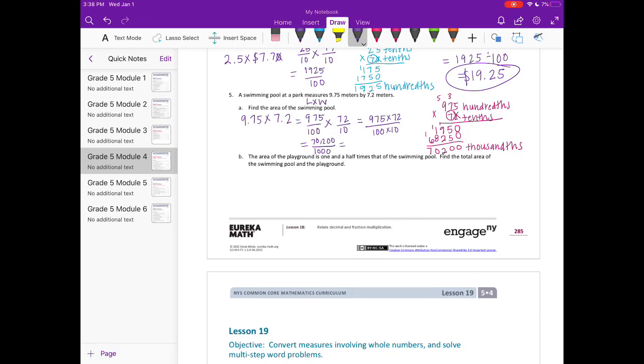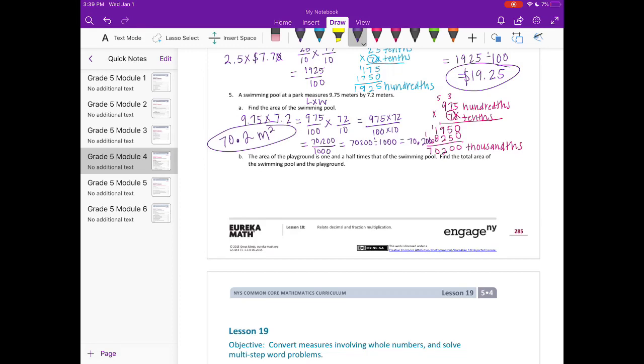And if we were to divide that, 70,200 divided by 1,000, we get 70 and 0.200, or we could just leave it as 70 and 2/10 meters squared, or square meters, because we're talking area.